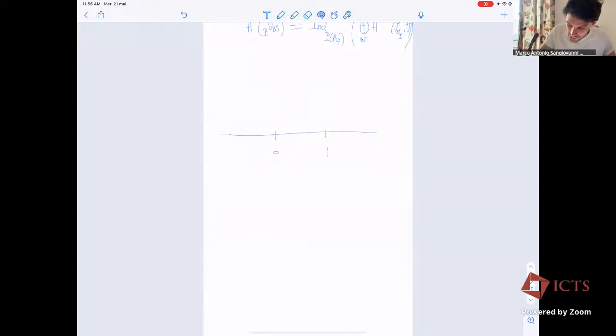If I have a point z, you go to the boundary by taking t z, where t squared z is real, as the absolute value of t goes to plus infinity.